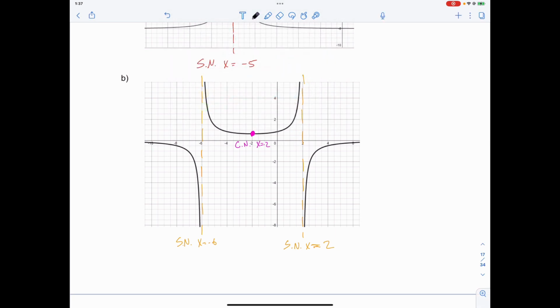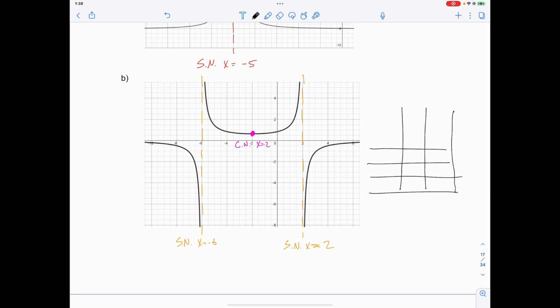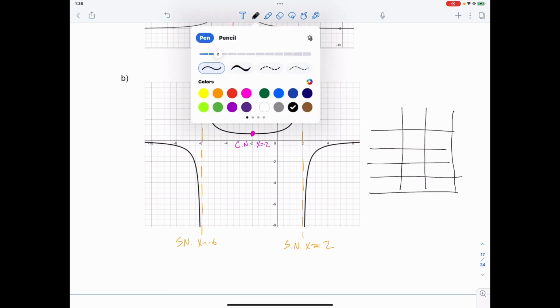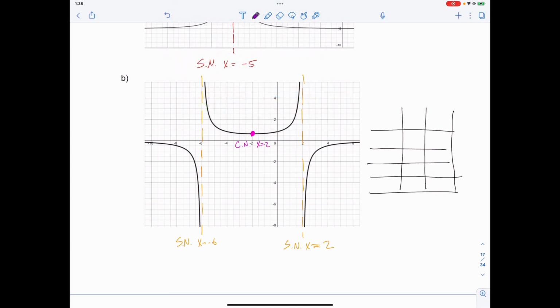When I create my chart, then I have 4 intervals to consider. When negative infinity goes to negative 6, the first significant number.